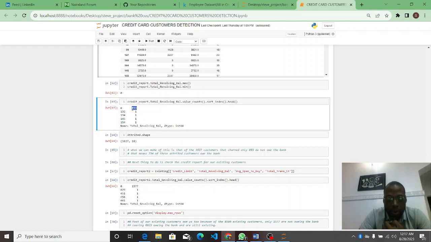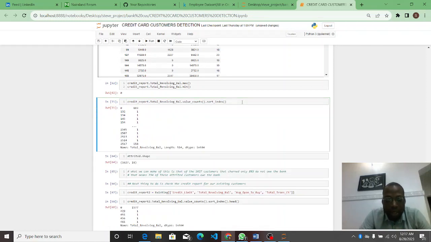Yeah. Also, that doesn't mean that because most of them do not owe the bank, we have to forget the fact that 734 of them actually owe the bank. Because if we check, let's not check the head now. Let's just check everything.